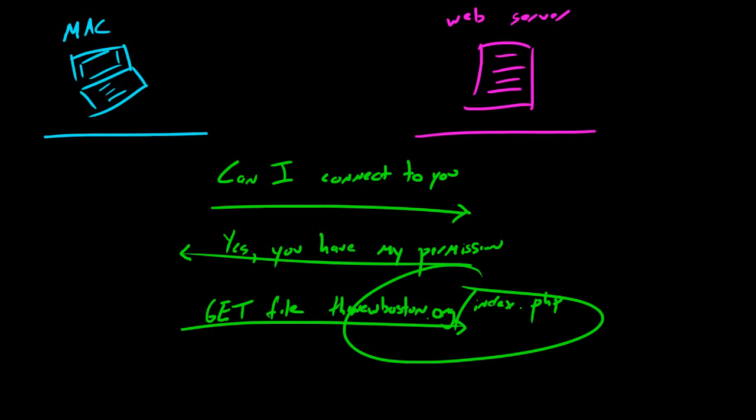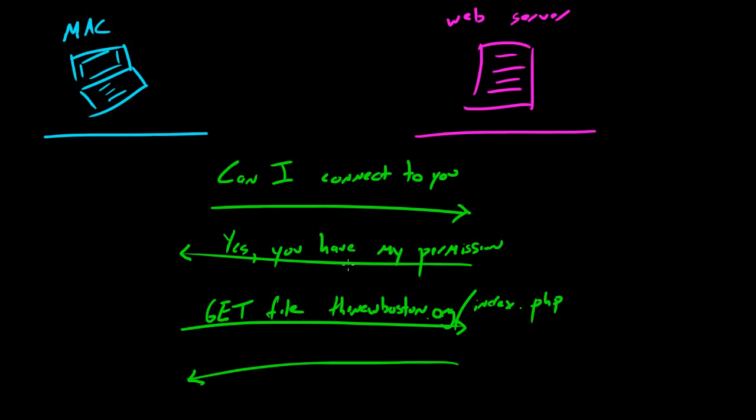So this is the file that it's asking for, and in return, of course, the web server sends the file to the Mac, and the Mac interprets it and views it as a website. Everyone is happy. So let's take a step back and learn why this exchange was successful.